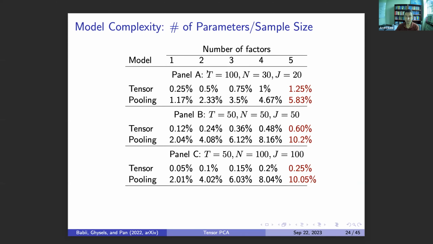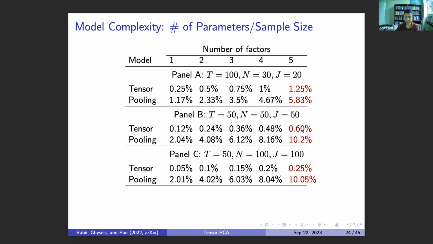So in this table, we are looking at the model complexity, and we compare the tensor approach to this naive pooling, where we ignore the tensor structure. We look at the ratio of the number of parameters to the sample size for different values of the sample size and different numbers of factors. What we see here is that the tensor approach gives us less complex models.